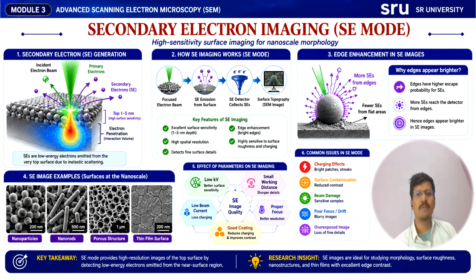This phenomenon, known as charging, can cause image distortion and brightness fluctuations. Sensitive materials may also experience beam damage if exposed to the electron beam for an extended period of time.